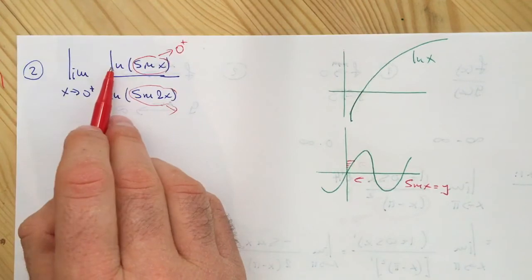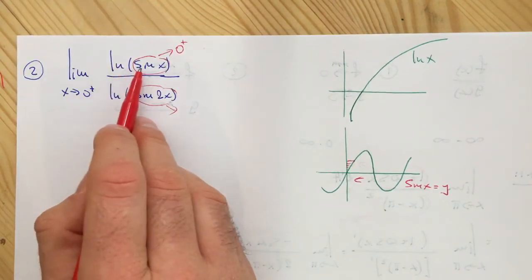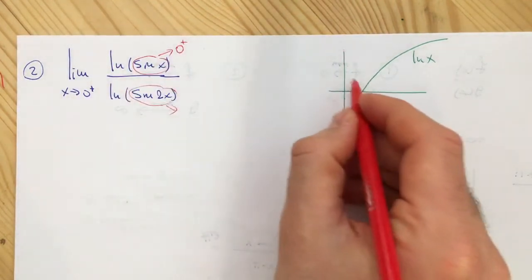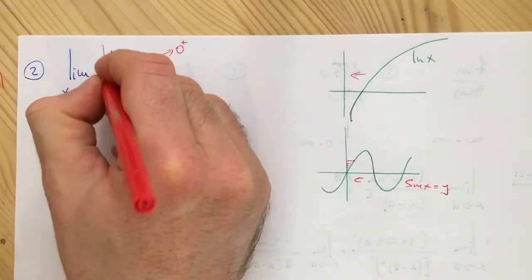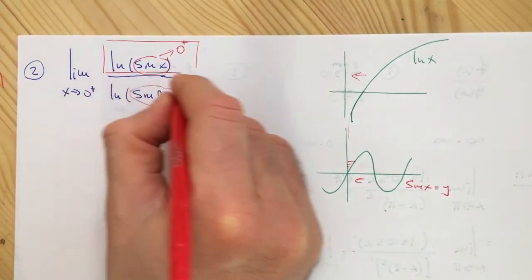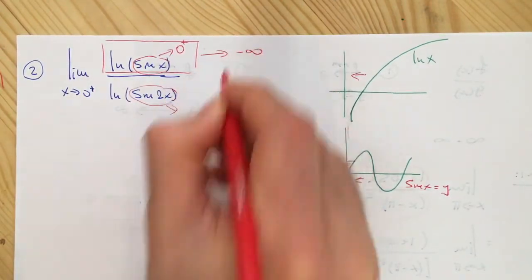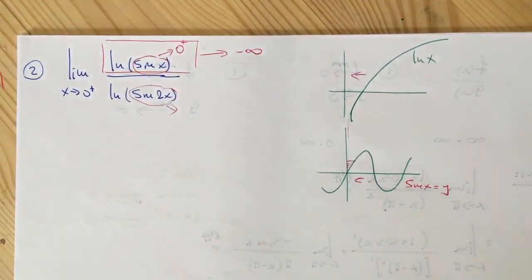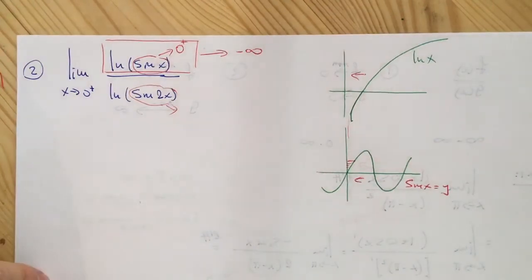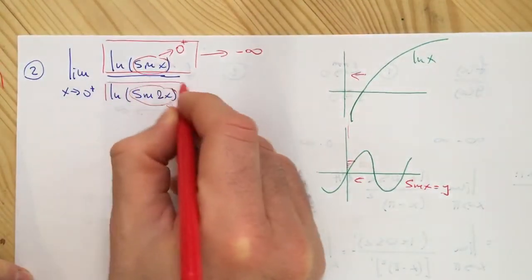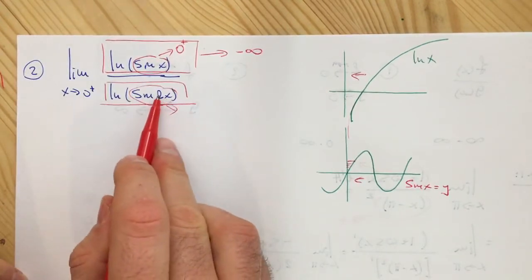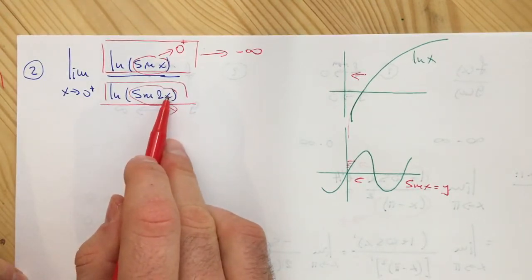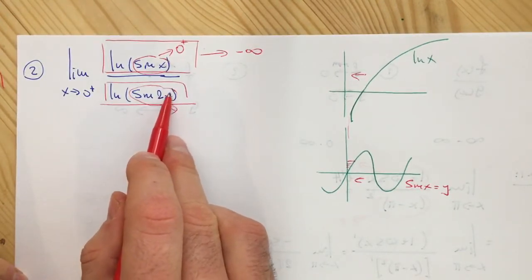Well, what happens with the ln function as we're approaching 0 from the right? The function drops to negative infinity, which means that the whole numerator goes to negative infinity. Similarly, the denominator, right? Sine of 2x, as x approaches 0, 2 times x goes to 0, also from the right side.